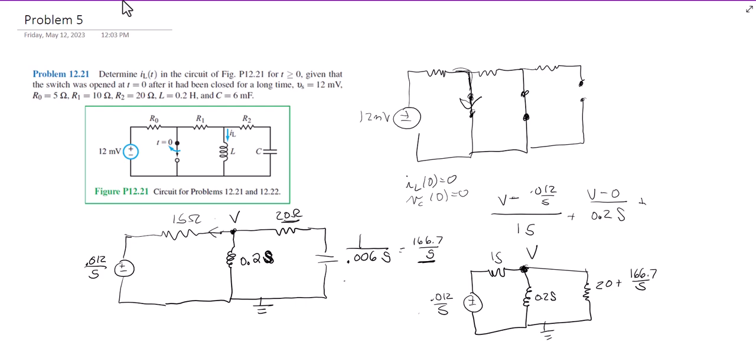So we got the current going in this direction, we got the current going in this direction, and now the current going to the right is V minus 0 over 20 plus 166.7 over S, and this whole thing equals 0.